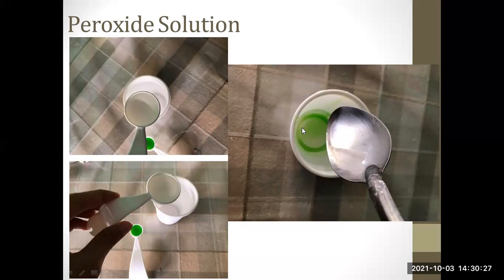So in this part of the experiment, I put in a cup half a teaspoon of soap, and then I added 2 tablespoons of the hydrogen peroxide. Then I mixed it without causing any foam.